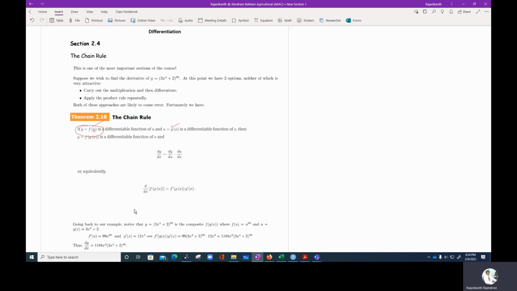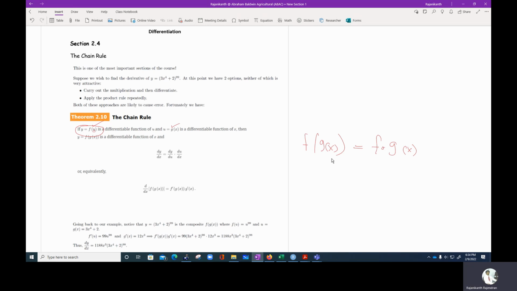Or in other words, the derivative of a composite function. Remember, this is not multiplication, this is not a product, this is a composite function, right? We learned about composite functions in algebra. The meaning of this is combining two functions, not the product.